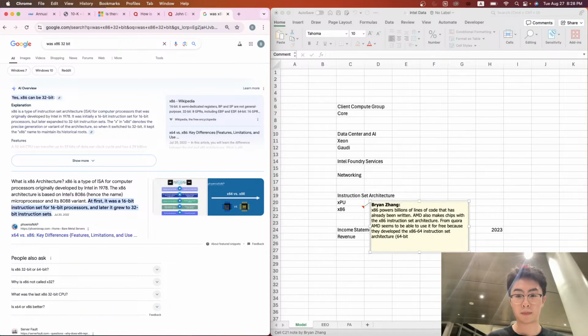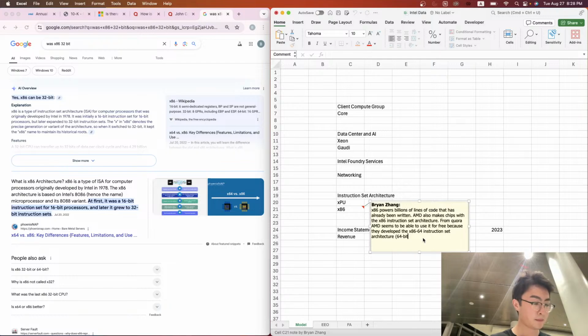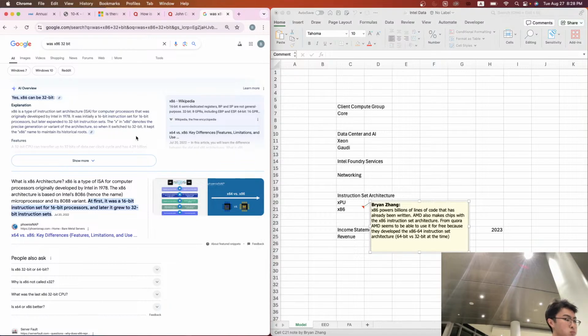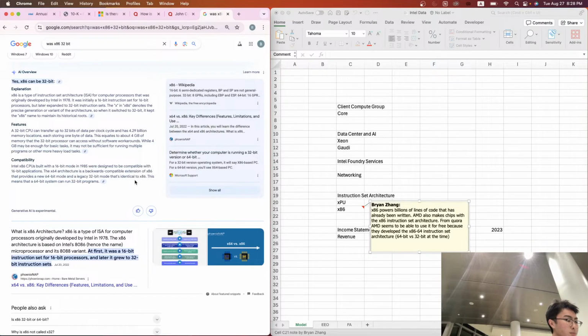Okay. First 32-bit at the time. You can transfer up to 32 bits of data per clock cycle and has 4.29 billion.